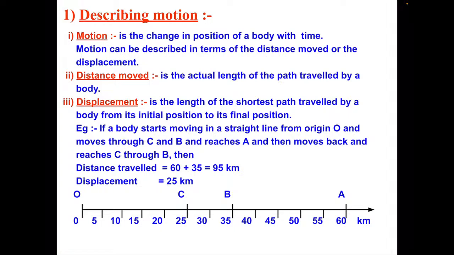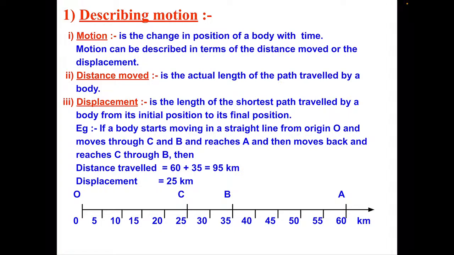So rest is a fixed position, and whenever I talk about motion, it changes its position with respect to time or surrounding. Okay, so whenever I use the word rest, the proper definition is: our body does not change its position as time passes, with respect to time and frame of reference. So it should be in state of rest. And I use a word, reference point.